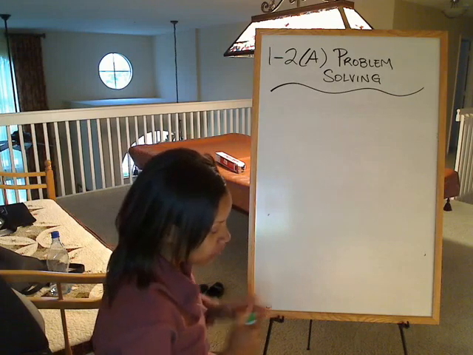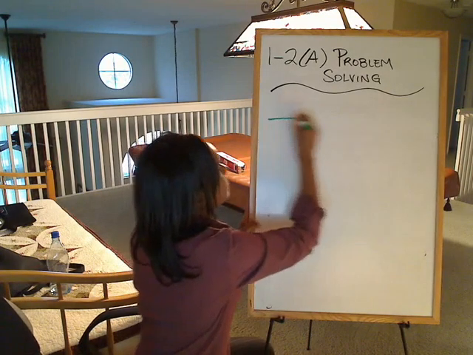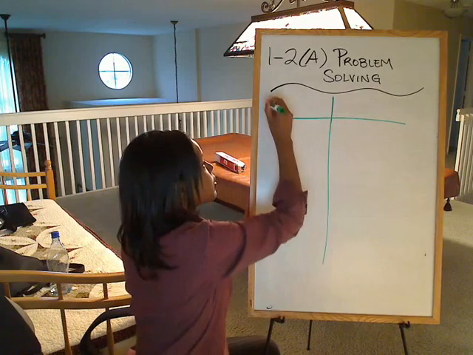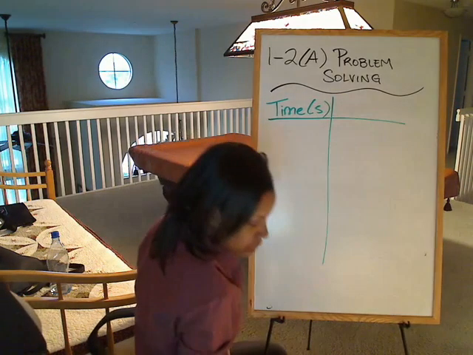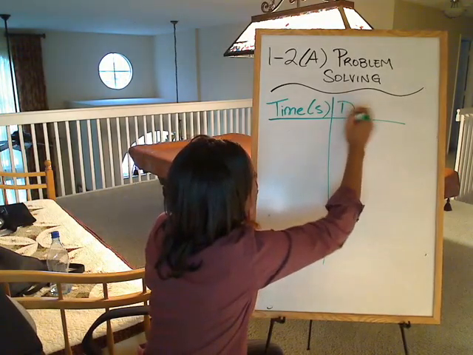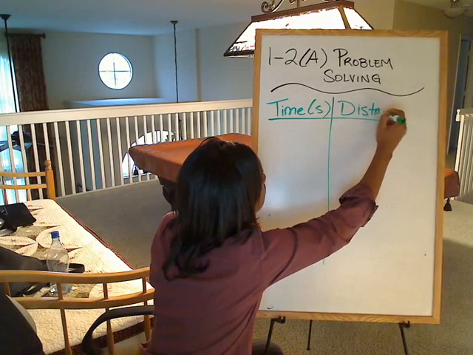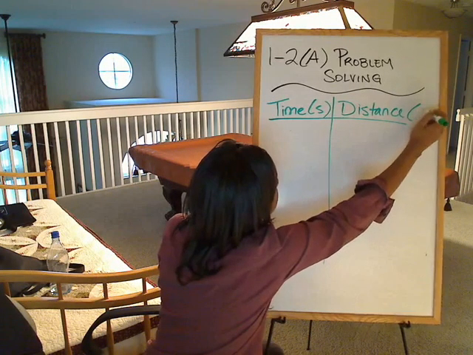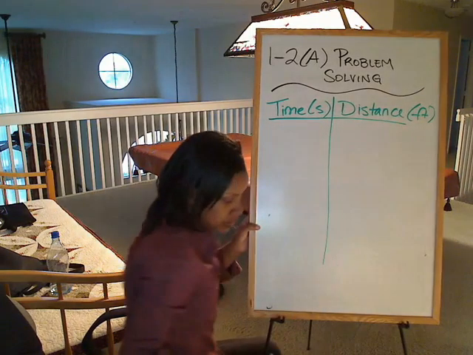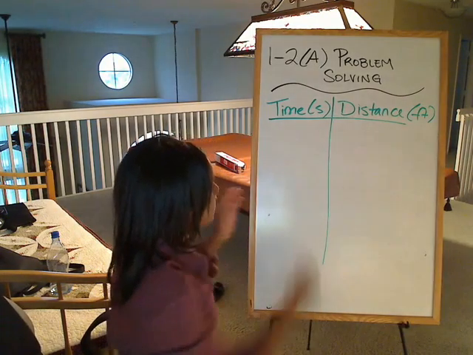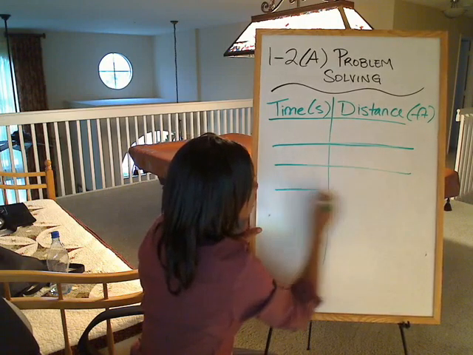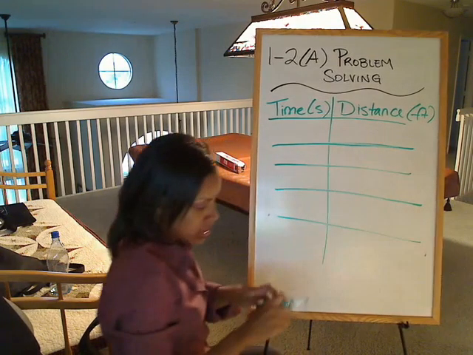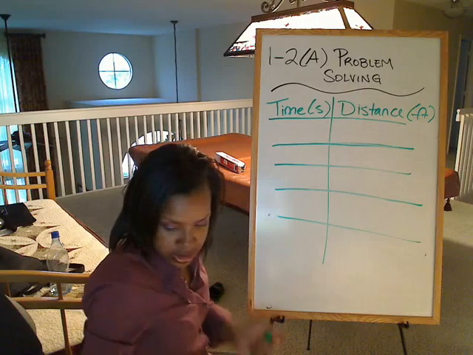So basically, they give you a table here. Over here is the time, and the time is in seconds. Over here is the distance, and the distance is in feet. They give you the time and distance for 4 seconds.